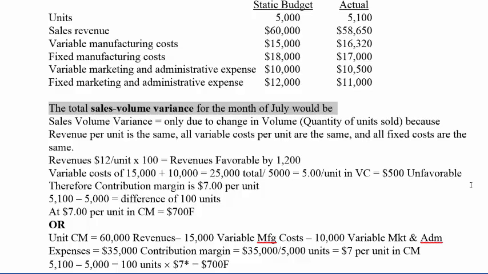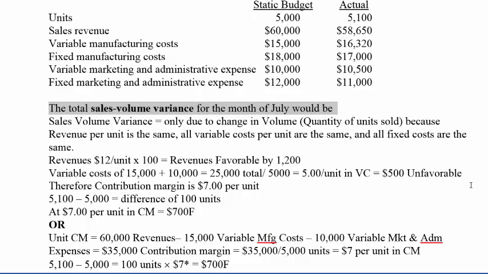Keeping that in mind, only change in quantity, we can take our contribution margin per unit times the number of units to calculate by how much there would be a variance, because the revenues per unit are always the same.